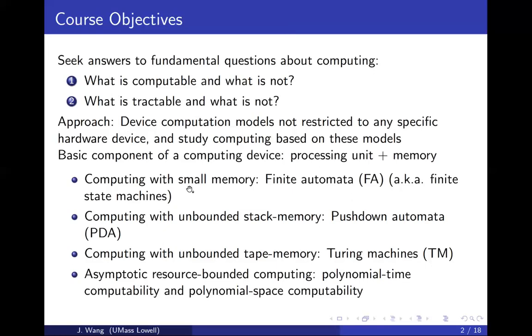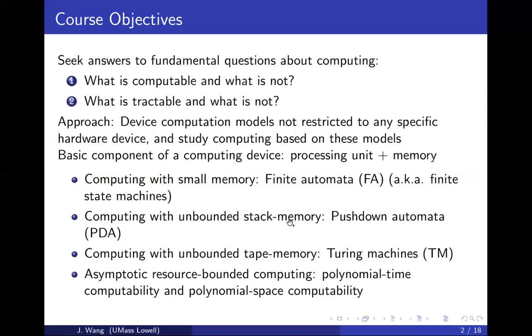Okay, so by small, it really means that for a particular problem, the memory is really fixed. Okay, so it's small. And we call this computing device a finite automaton. Sometimes we also call it a finite state machine.